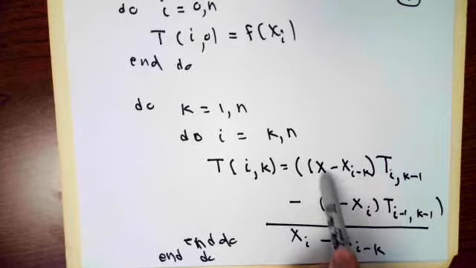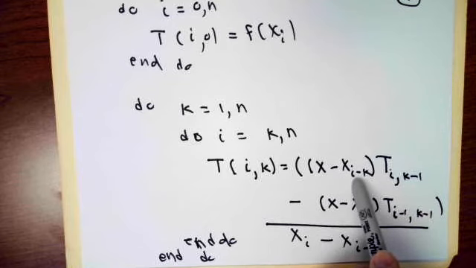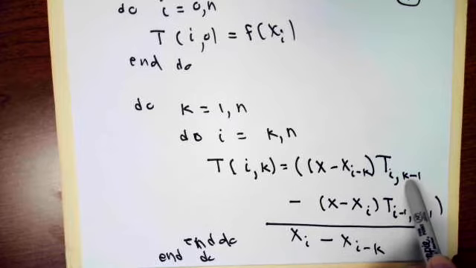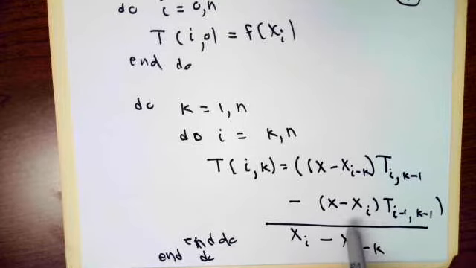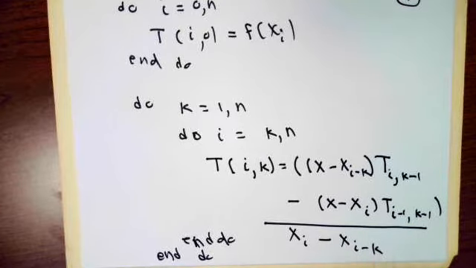We're going to calculate x minus the smaller x indexed value times the number that's immediately to the left of the thing I'm calculating, minus x minus x_i times the number that's immediately to the left and 1 unit up in the table, divided by x_i minus x_{i-k}. If you run this algorithm, the number that's left sitting in row n, column n, is going to be the value of the interpolating polynomial at x.